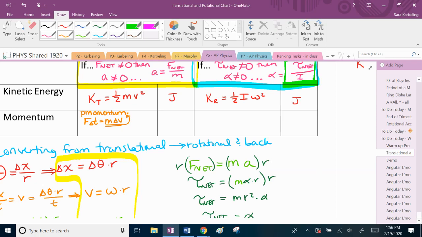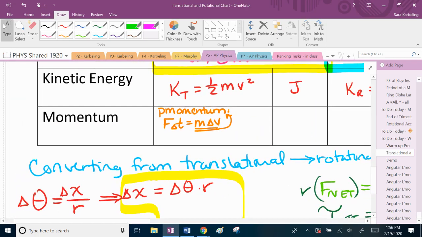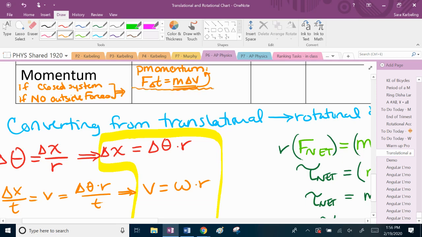So, I'm going to say if there are no outside forces, or we could say if we're talking about a closed system, then we know that momentum is conserved.